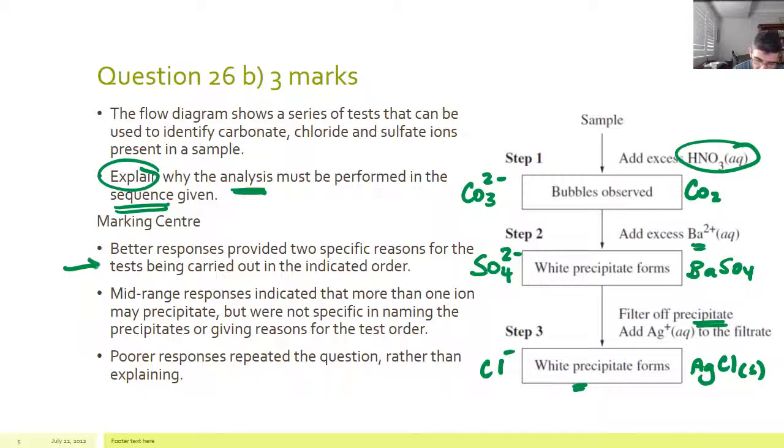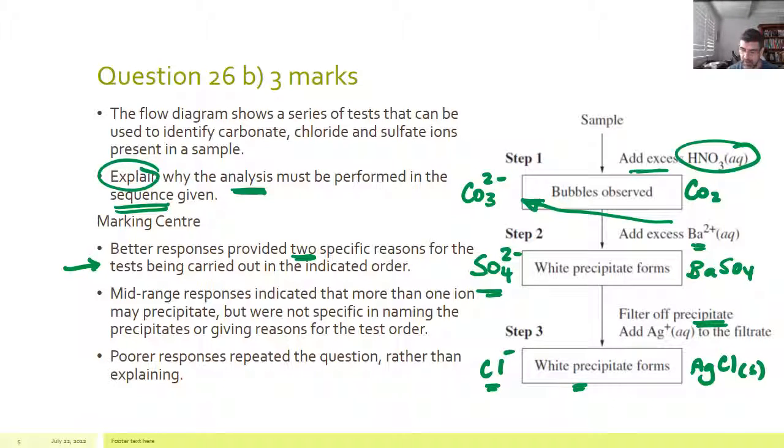Notice that when we analyze information from the marking center, it's telling us that the best responses provide two specific reasons for the test being carried out in the indicated order. Neither the sulfate nor the chlorides will produce bubbling when they react with the nitric acid. But it is possible that if we were to add barium first, we would precipitate barium carbonate, and therefore we would not necessarily know whether the white precipitate we were forming was barium carbonate or barium sulfate.